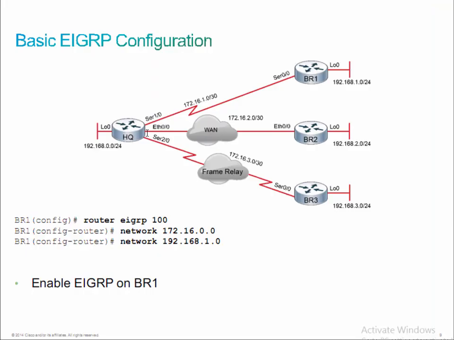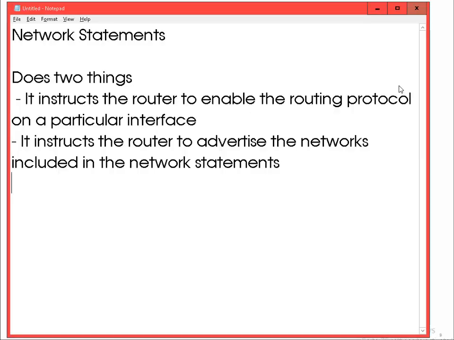As an example here, if I don't include these loopback interfaces in the EIGRP process, they don't get advertised. There's no reason to run EIGRP on the loopback interfaces from the perspective of exchanging routes with other routers, because there are no other routers on those loopback networks. But if I don't have network statements that include those subnets, then those networks do not get advertised. So that's a distinctly different thing than simply enabling the protocol on the interface.